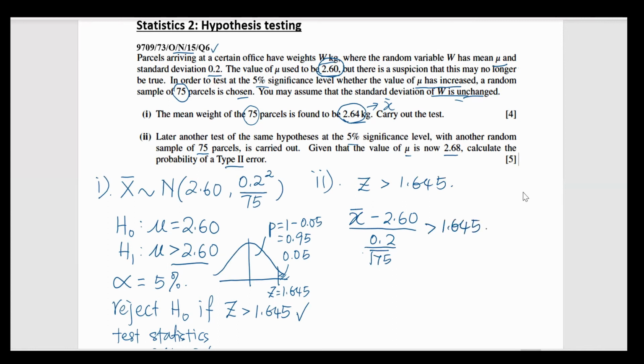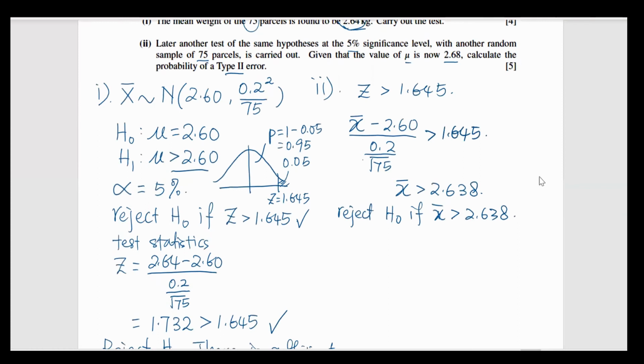By carrying out the calculation, we will be able to get the X bar value 2.638. So that is the critical region in terms of X bar, which means we will reject the H null if the X bar is greater than 2.638, right? This region is going to help us calculate the type 2 error probability.